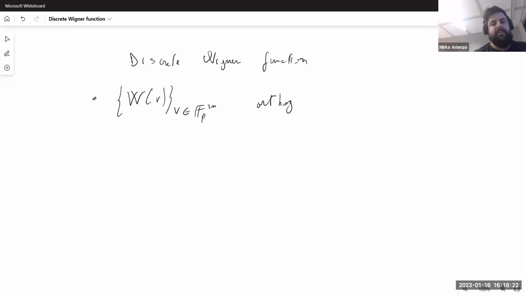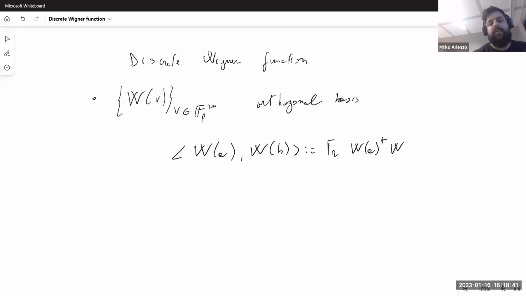Well, actually, it's an orthogonal basis with respect to the Hilbert-Schmidt product. Namely, take two Weyl operators, and this product is defined to be the trace of W_A dagger W_B.